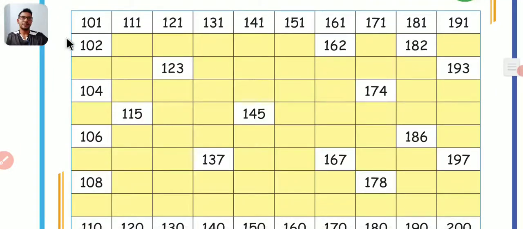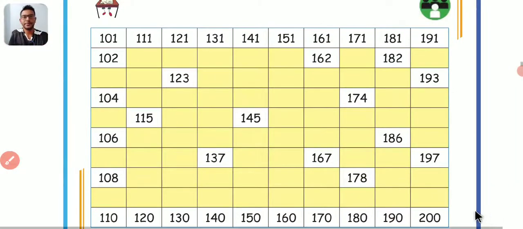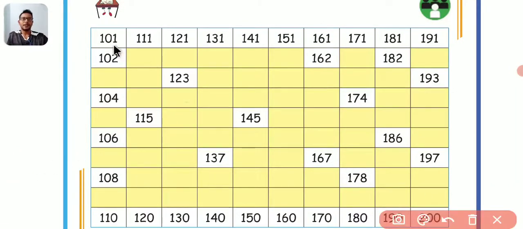This is 101. 101, 102, what about the next number? 103, then 104, what about the next number? 105, 106, what about the next number? 107, then 108, what about the next number? 109, so what about next to 9? 10, that is 110.